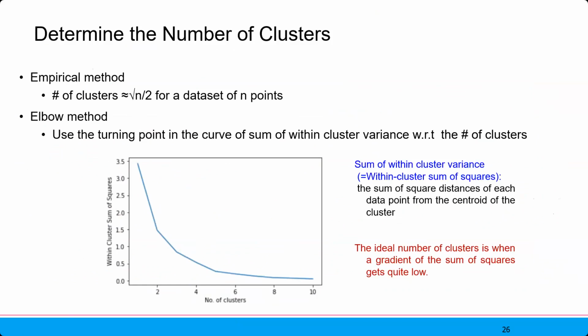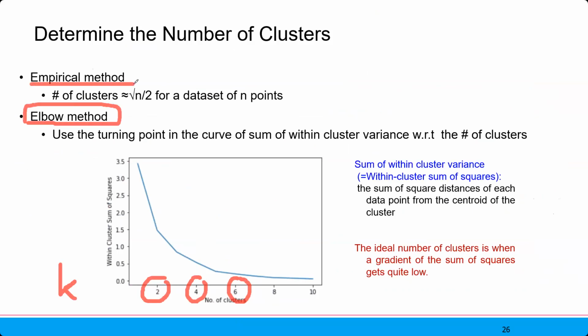There's also another way to determine the number of clusters. If you look at k-means, we have k equals 2, k equals 3, k equals 4, k equals 5, k equals 6, and so on. There is one method named the elbow method.